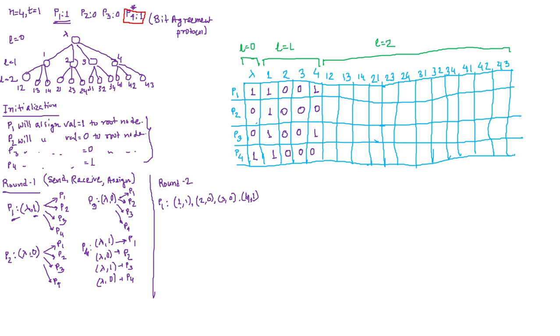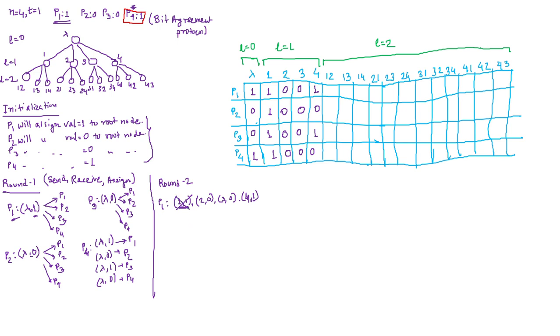Now since this particular information is at level 1, in this tag its own party ID is present, right? 1 is its own party ID. So since the label contains its own party ID, this particular information does not need to be sent.